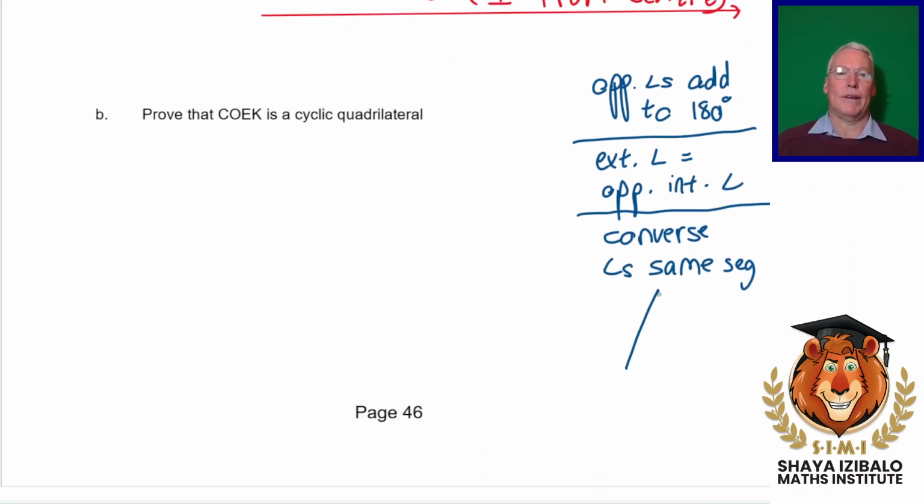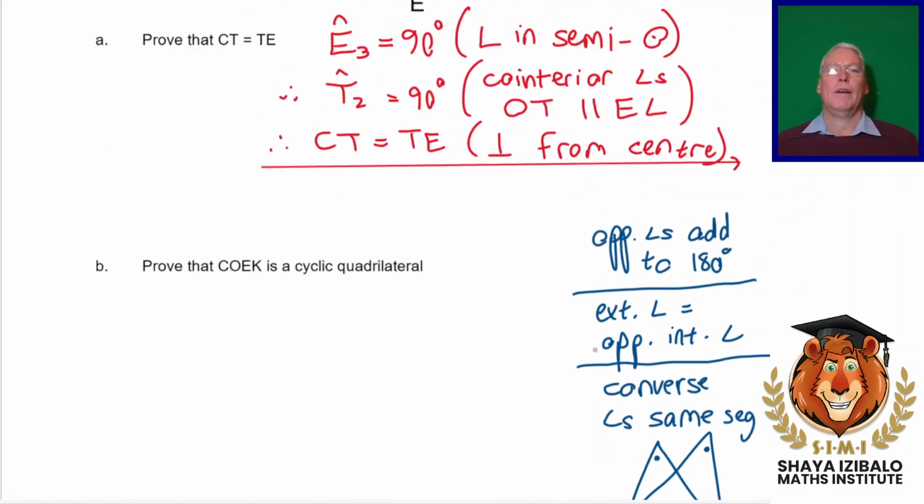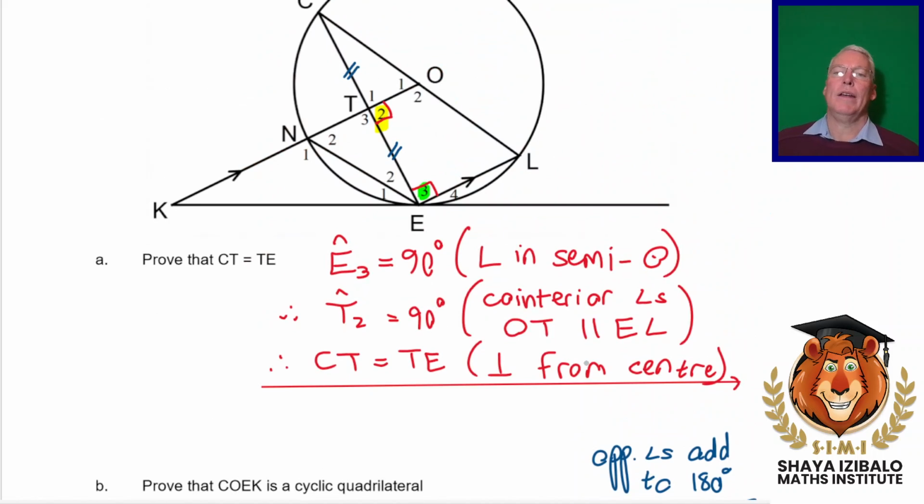And that looks kind of something like that. So perhaps you want to pause the video again and now look at these 4 points. So we're talking about COEK. They're not all joined up, so we're looking at these 4 points.